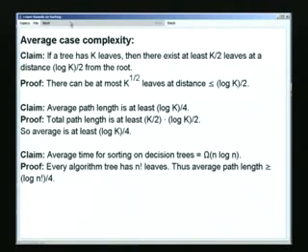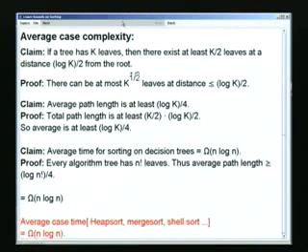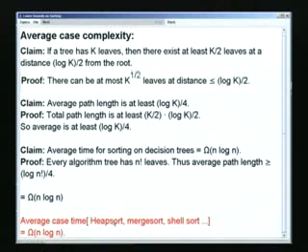But log of n factorial upon 4 is n log n. And therefore, average time for sorting on decision trees is this much. And this means that the average case time for all comparison based sorting algorithms, say heap sort, merge sort, shell sort, all of these is n log n.